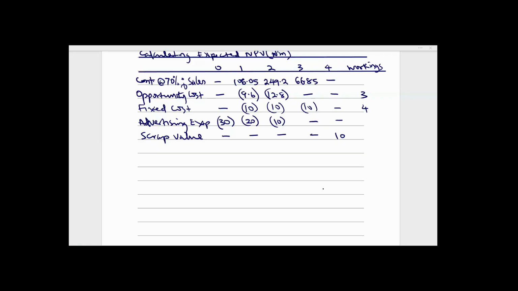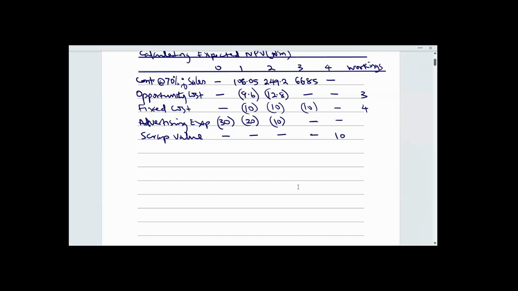Then the scrap value. We are told the scrap value of 10 million naira will occur at the end of year three, which is the final year. But we are told in the question that the 10 million naira will not be received until 1 year after. And that's why we indicate the scrap value in the 4th year.